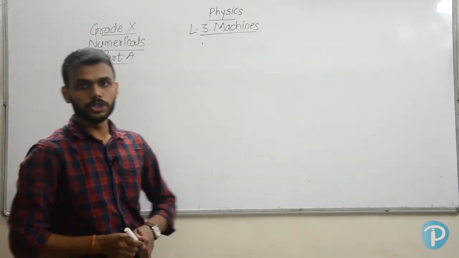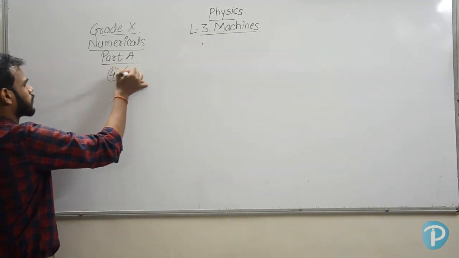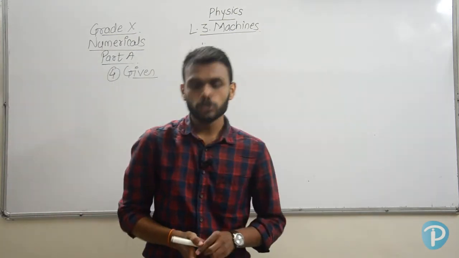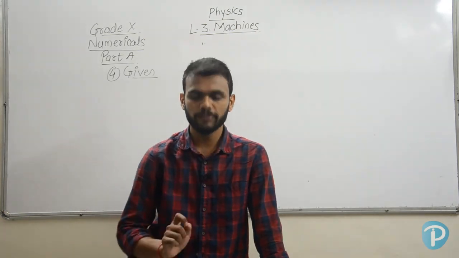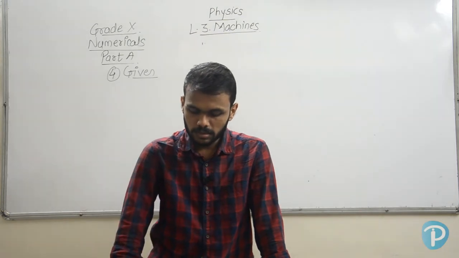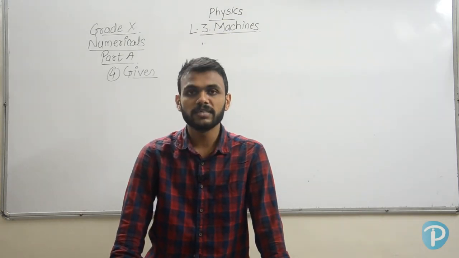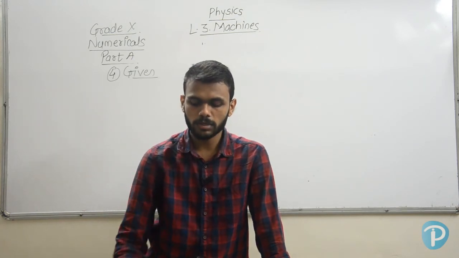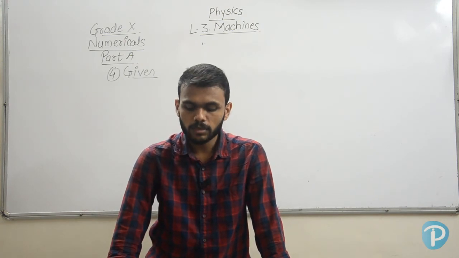Now we'll solve question number 4. See, a force of 5 kgf is required to cut a metal sheet. A shears used for cutting the metal sheet has its blade 5 cm long, while the handle is 10 cm long. So we have to calculate what effort is needed to cut the sheet.